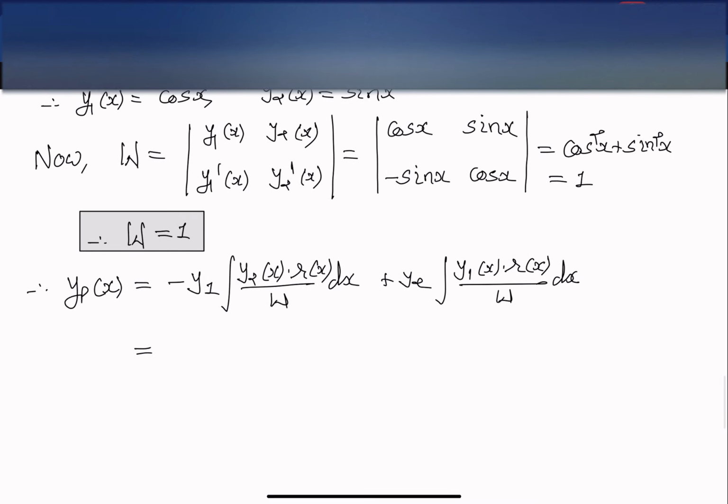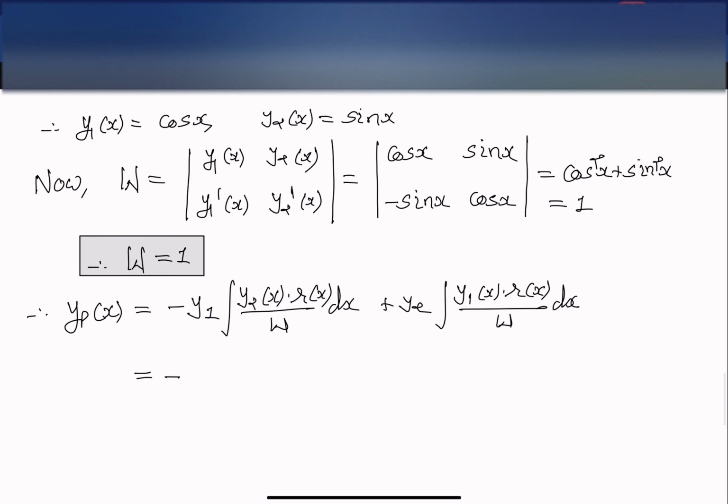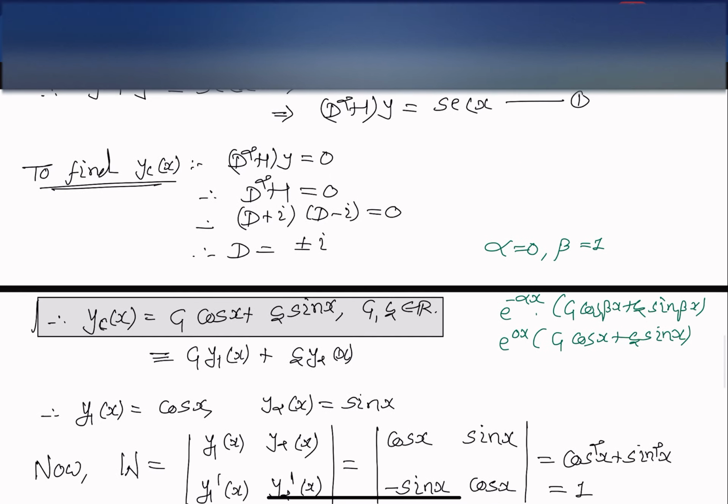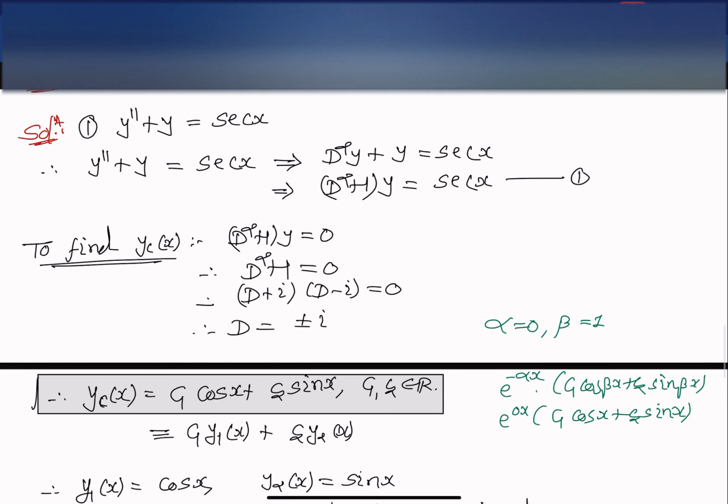Now let us substitute all these values: minus y1. What is y1? y1 is cos x. So let me write cos x integration. What is y2? It is sin x. So sin x into right hand side R(x). What is R(x)? That is right hand side sec x.